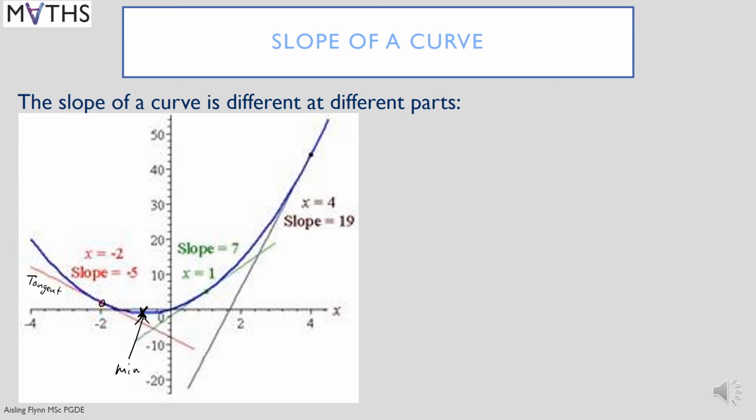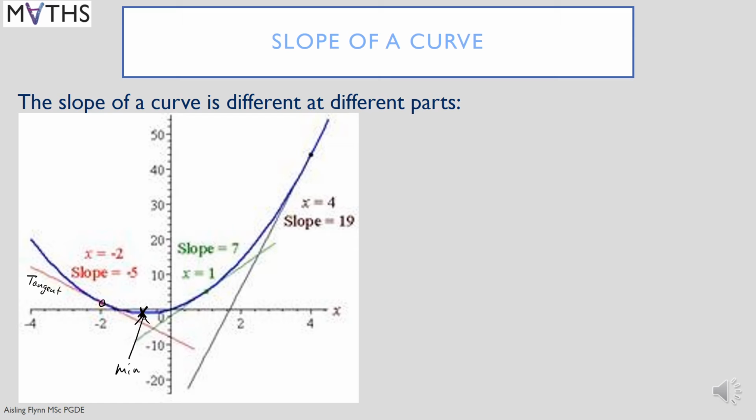So if you were to zoom in and zoom in to where x is exactly equal to -2, the slope of the curve would be equal to the slope of that tangent. And here you can see that the red line is falling as you go from left to right, so it has a negative slope, and it has been calculated there for us. It says slope equals -5, so it's falling.